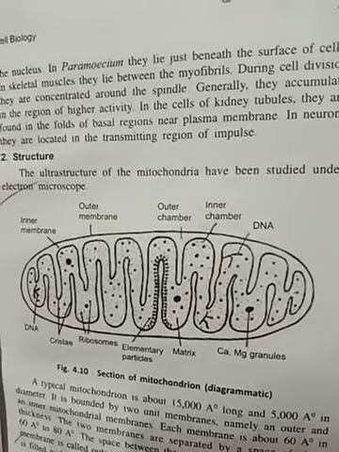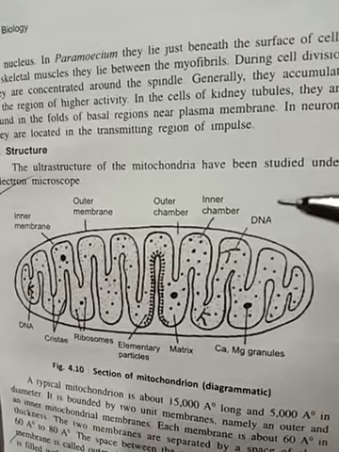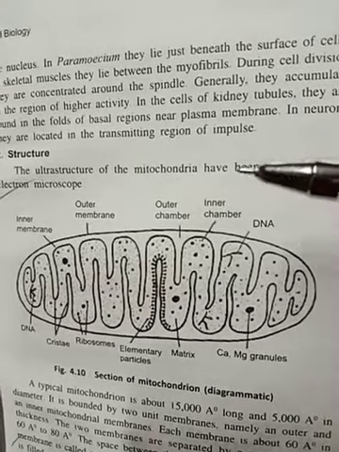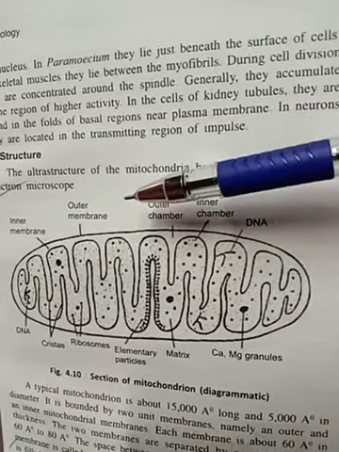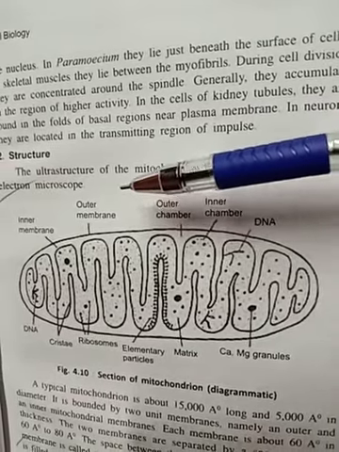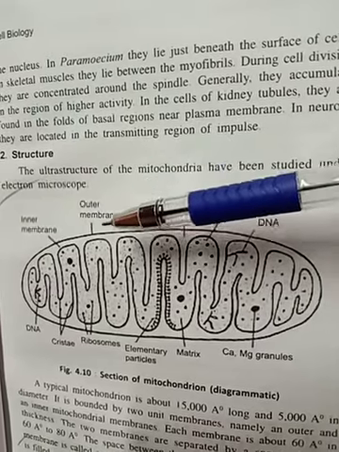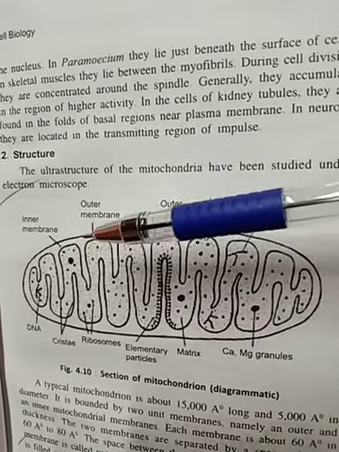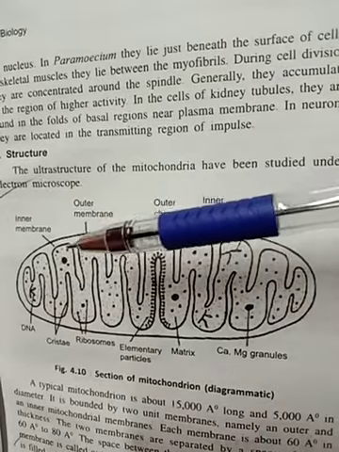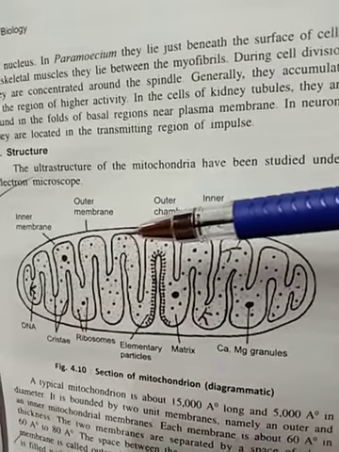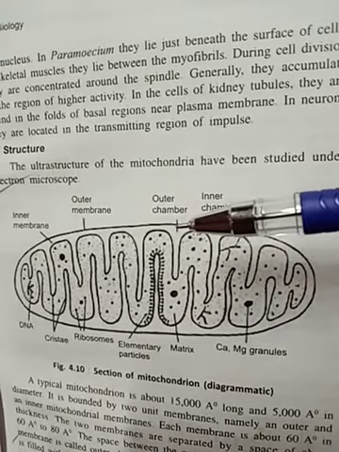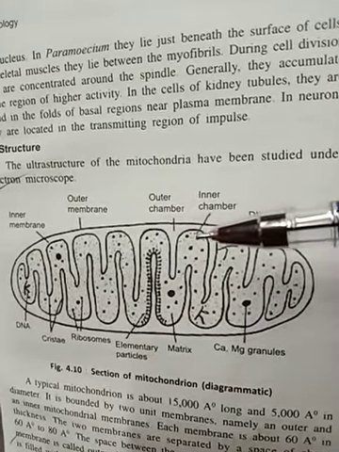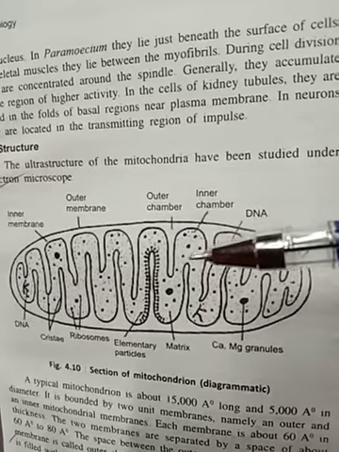You see here the electron microscopic structure: the mitochondria is made up of two membranes, that is the outer membrane and this is the inner membrane, and in between these two there is a space, and that is called the outer chamber, and this one is the inner chamber.